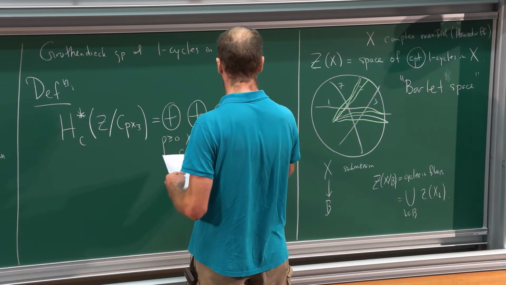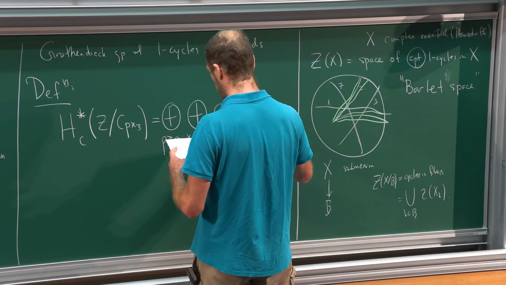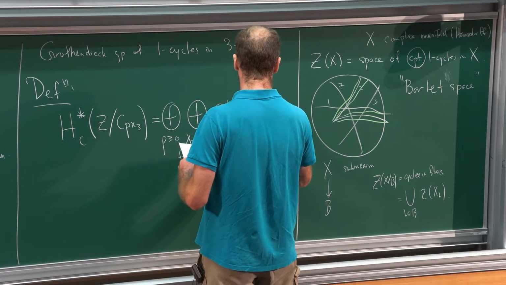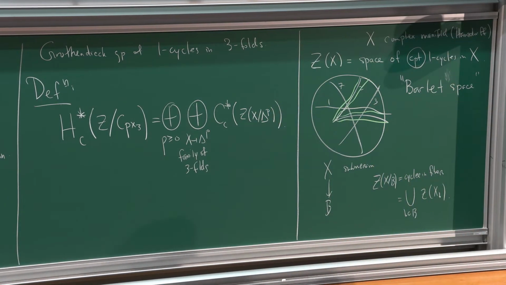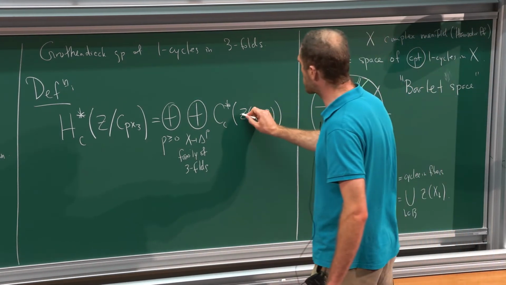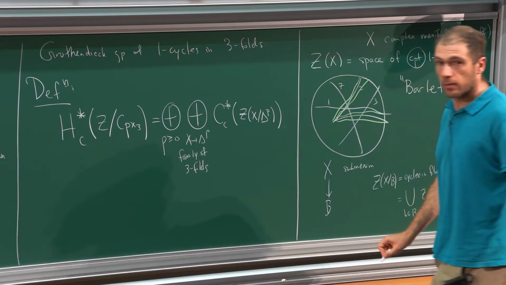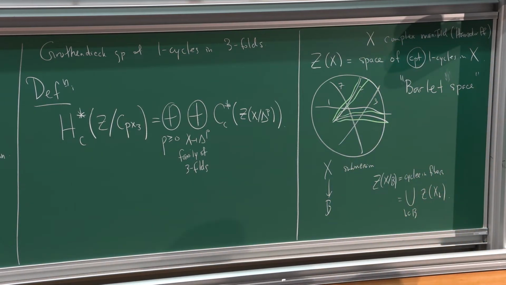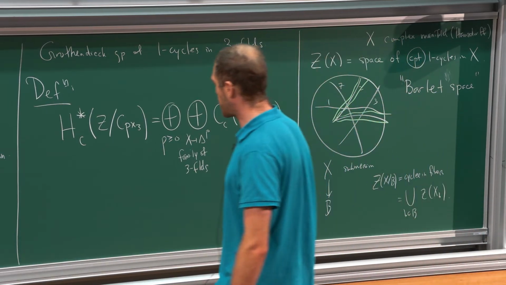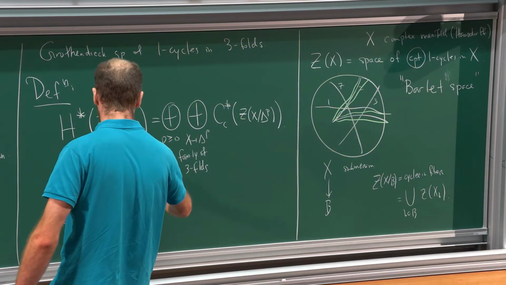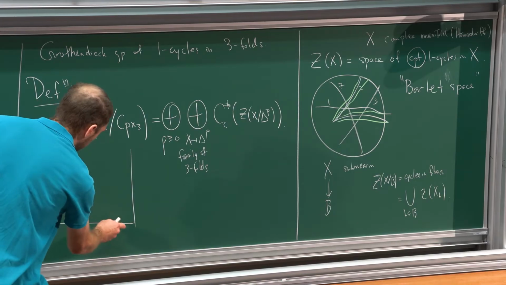Right. I'll take compactly supported cochains on the space of relative cycles. So this is like some big double complex. It's like a second quadrant complex.